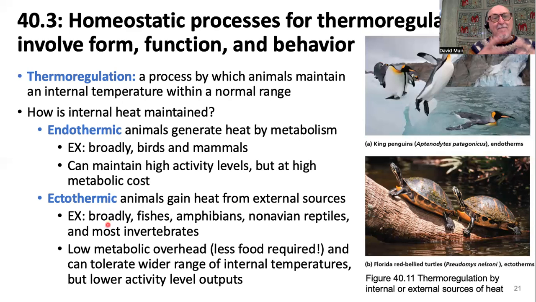Most things like the fish, amphibians, reptiles, and most invertebrates are strictly conformers. They are ectothermic, but there are some fishes, for example the tuna, many of the oceanic fishes, which need to swim fast and constantly, that are able to generate heat in their muscles and maintain that heat in the muscles.